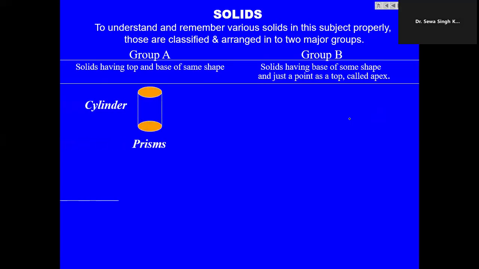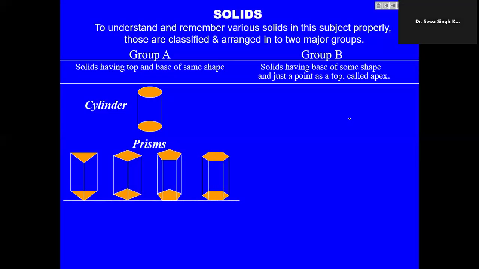Cylinders, prisms, these are the category A solids. On the basis of polygonal base, solid is named after this. For example, triangular base connected with three rectangular faces is triangular prism.